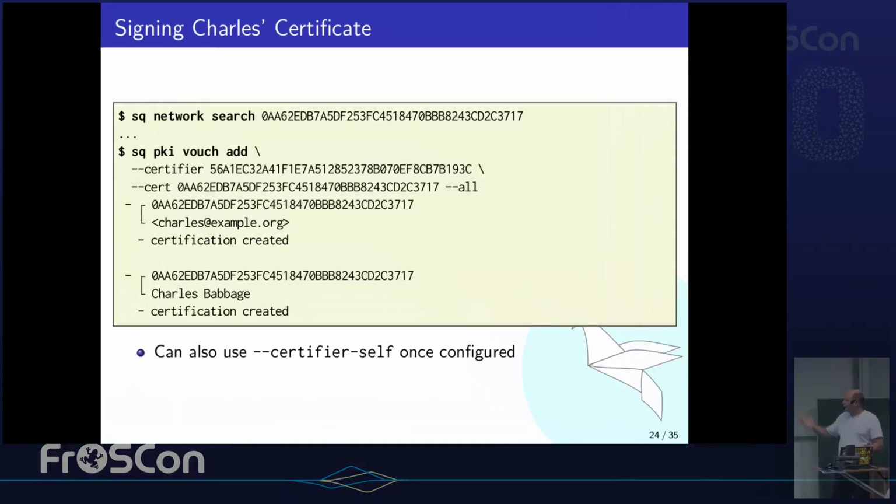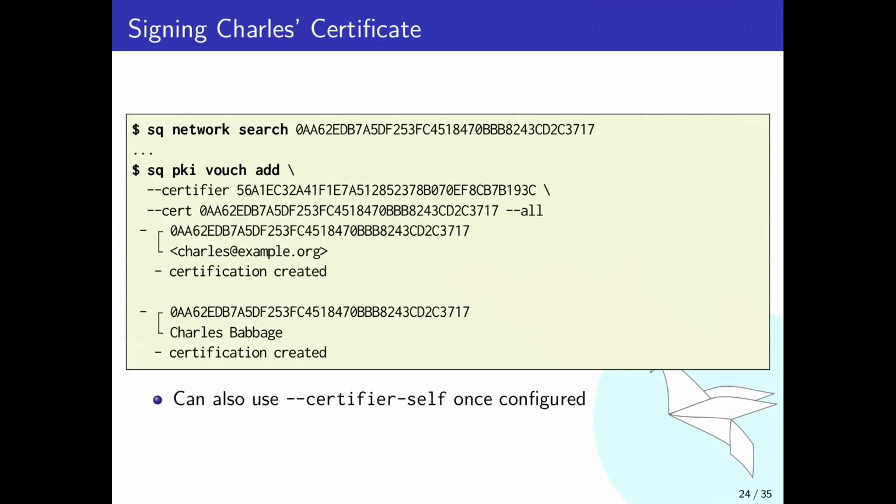First we find Charles' certificate. So we do SQ network search, and we get back one certificate, or maybe we get 10 certificates, who knows. And for whatever reason, just like before, we verify, we check that this is indeed the correct certificate.